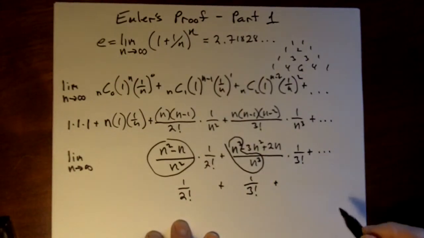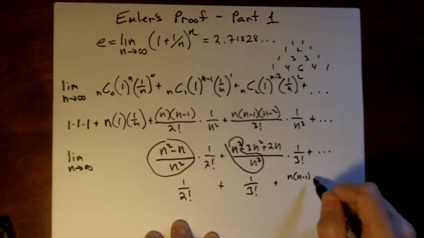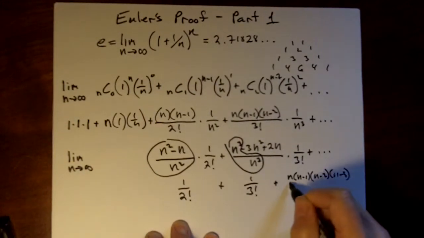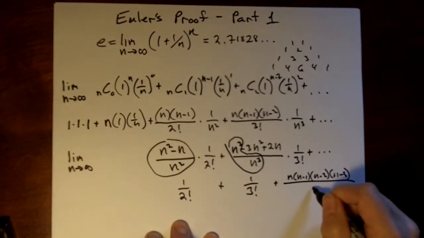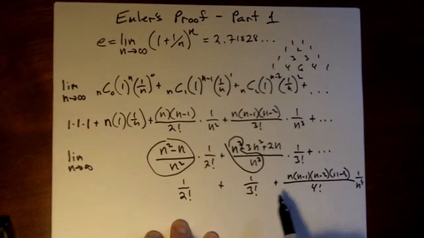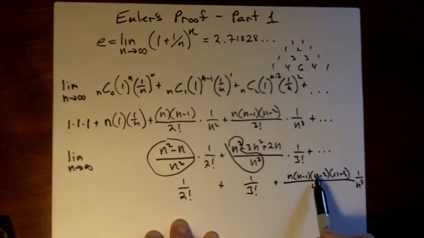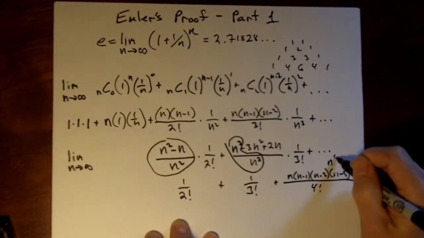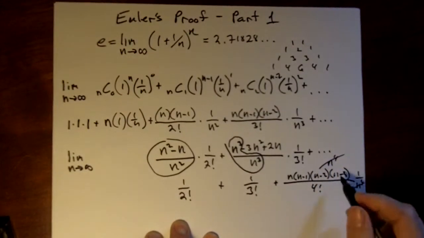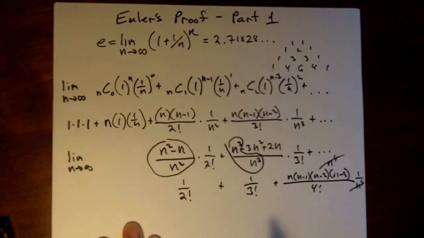And in general, suppose we had another term. Suppose we had gone to nC4. That would be n times (n minus 1) times (n minus 2) times (n minus 3) over 4 factorial times 1 over n to the 4th. Well, the same thing is going to happen here. The leading term is going to be n times n times n times n, which is just n to the 4th, divided by n to the 4th. Those are going to cancel, and we're going to get 1 over 4 factorial. What about working backwards?